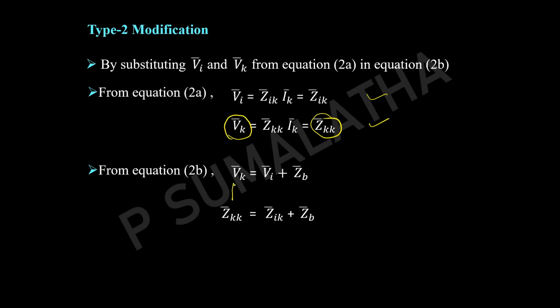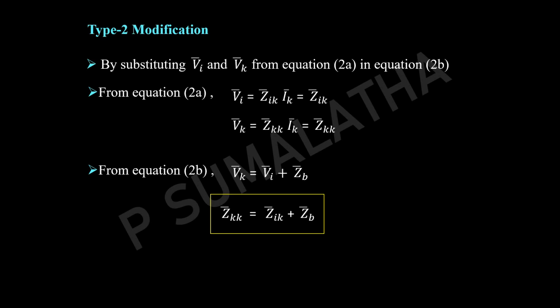So in place of V suffix k, we have Zkk, and in place of Vi, we have Zik. We have replaced Vi by Zik, and Zb we are keeping as it is because that is the branch impedance. So this is the final expression that we got for the diagonal components.